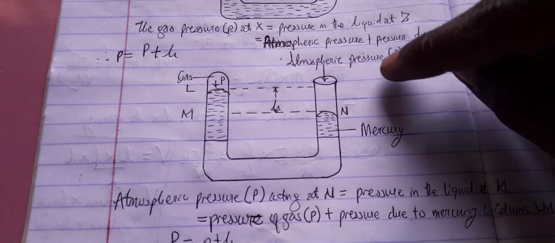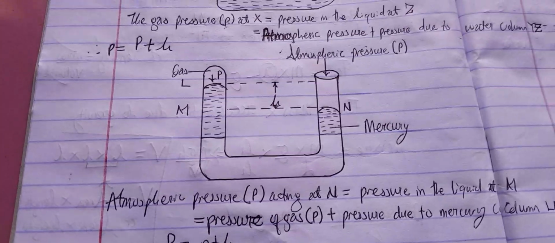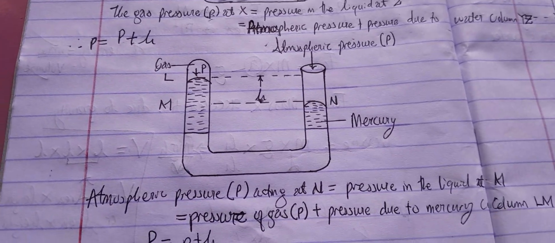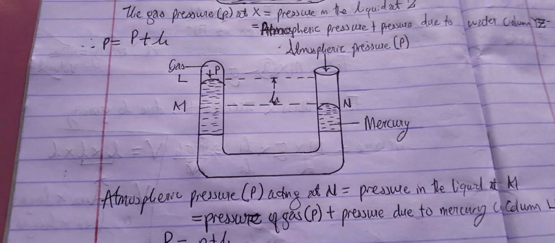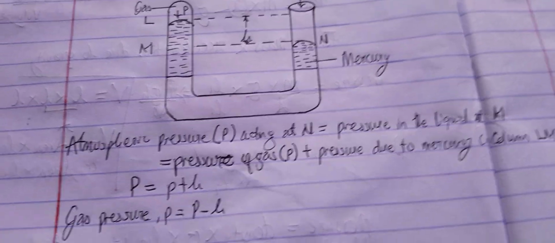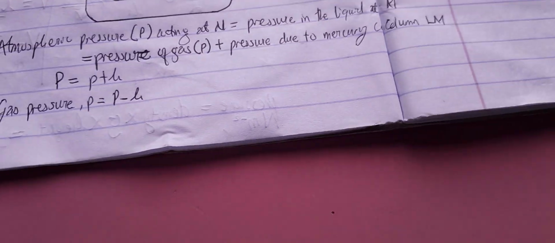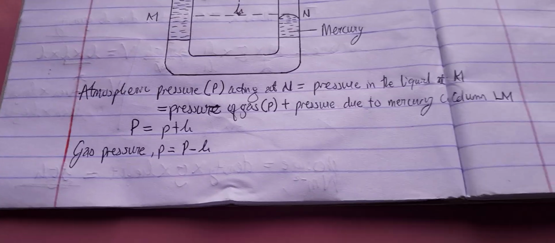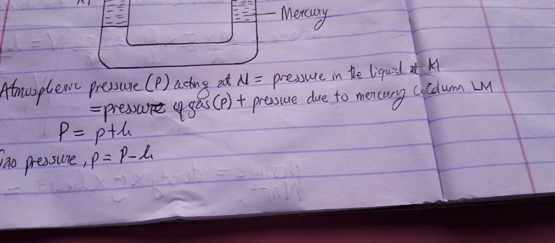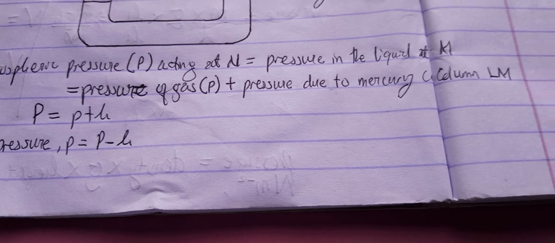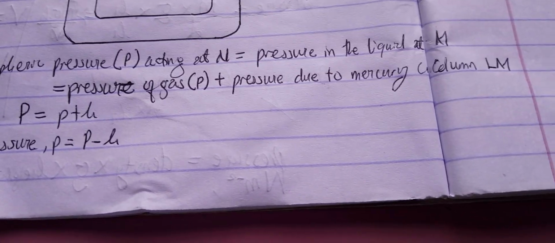So atmospheric pressure acting at L equals the gas pressure p plus the mercury column h, and that's our height here. If we make p the subject of the formula, we're going to have gas pressure equal to the atmospheric pressure minus the height. Let's dive into some examples, and I hope at the end of this you are going to understand how to calculate gas pressure measurement.